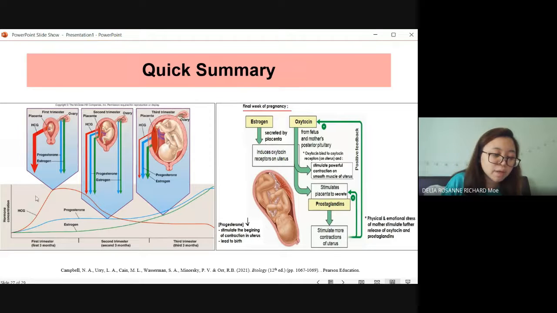The hormones that make the baby grow are HCG, progesterone, and estrogen. The hormone change that makes the baby come out is when estrogen is higher than progesterone, the green one higher than the blue. Then other hormones called oxytocin and prostaglandin will make the mother say, you did this to me, until the baby comes out.